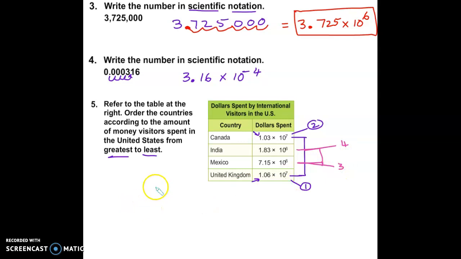So if you order them, the first one is the UK, United Kingdom. Then the next one is Canada, then Mexico, and finally India. So we put them in order, greatest to least.